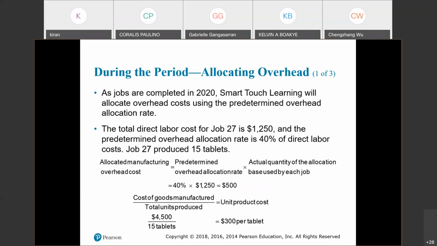This company produces 15 tablets. So we use the total cost of goods manufactured divided by total units produced, and we get the unit cost per tablet.